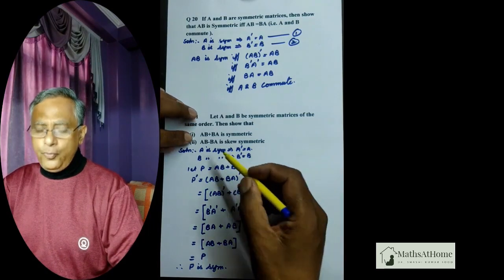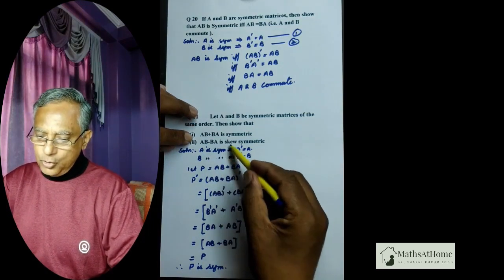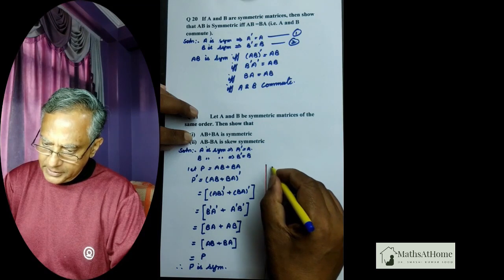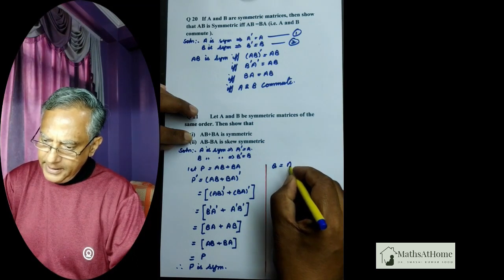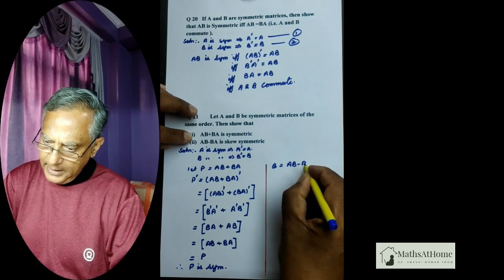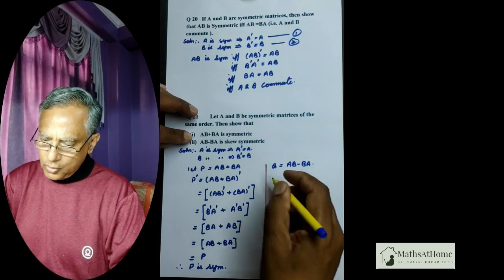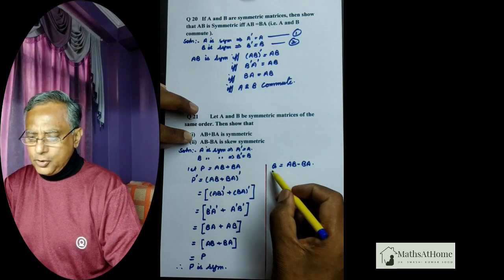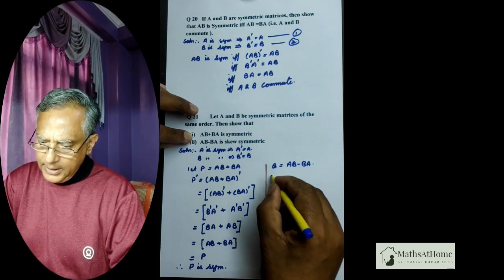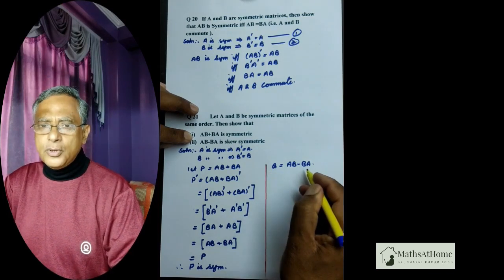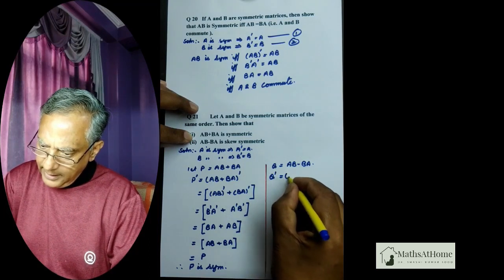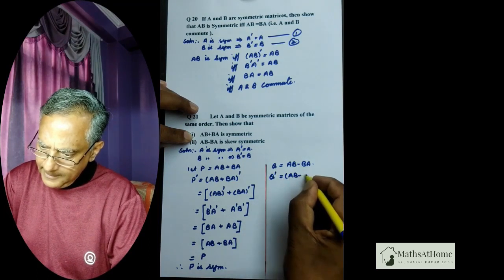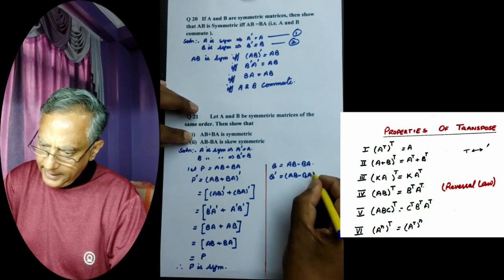Now in order to prove AB minus BA is skew symmetric, let this be denoted by Q. So Q is AB minus BA. So in order to prove that this is skew symmetric, we shall prove that Q dash is equal to minus Q. So Q dash is equal to (AB minus BA) dash.